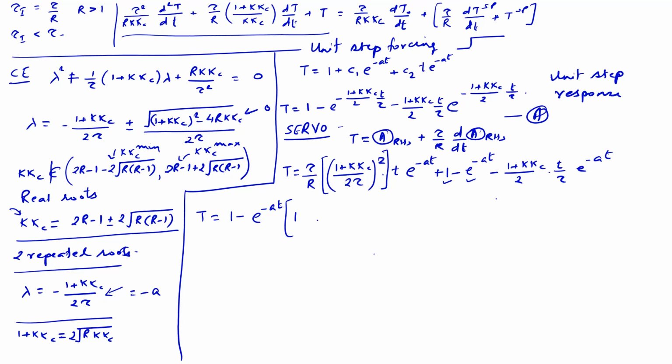Because this is minus, I'll take minus: minus 1 plus KKC divided by 2 times t by tau. So that takes care of this term. What will be left here, if you take this term common, would be 1. And then we are left with this term, and because it has a positive sign, it would be minus.